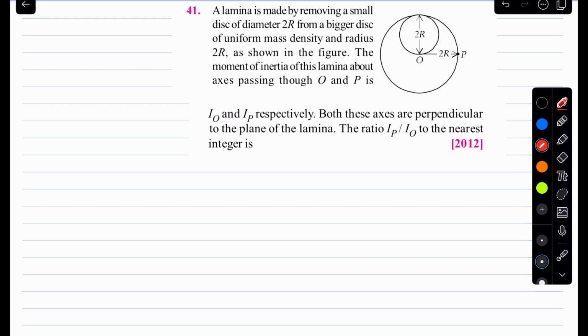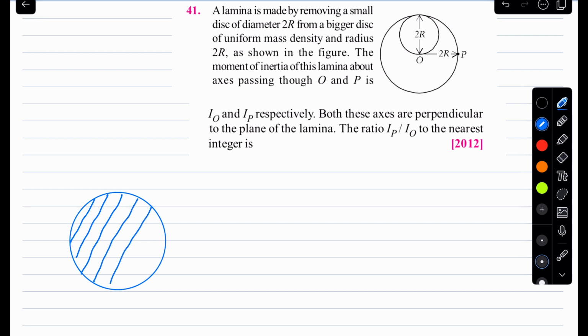What we do in these is, first we cover this concept: what if we have a cavity? Here I have a disk. This is a regular disk. It has mass m, which is uniformly distributed over the surface.